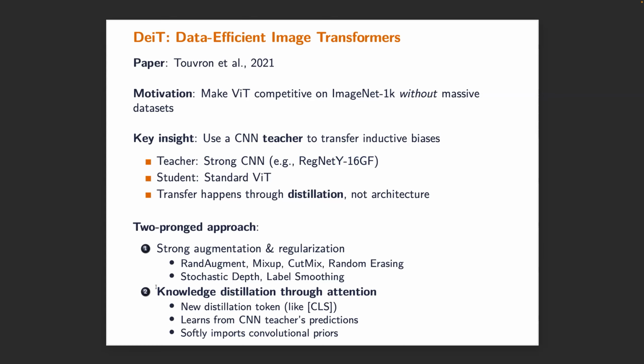But really the main idea here that I want to talk about is this distillation idea, because we will talk about variants of this even in the language models. So here they add a distillation token, just like the classification token, that learns from the CNN teacher's predictions and softly imports the prior the teacher has into the training.